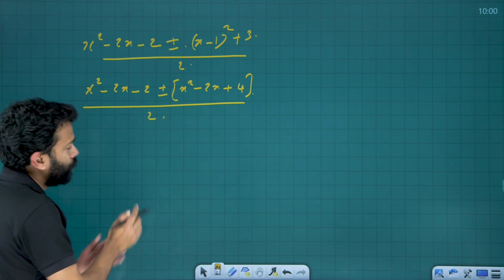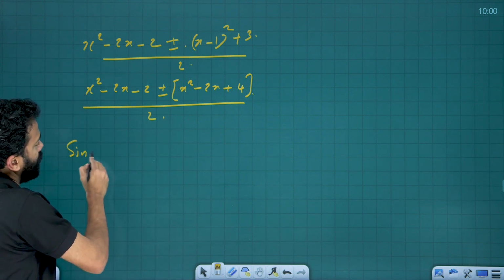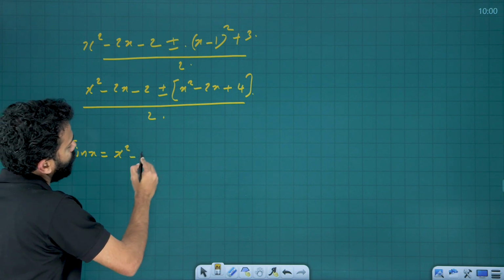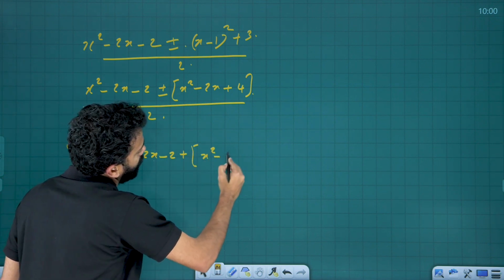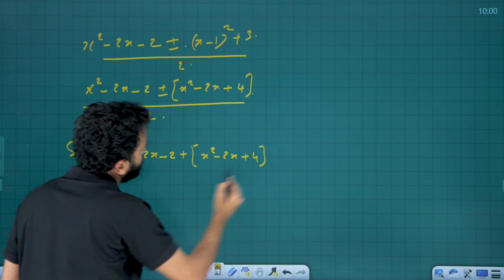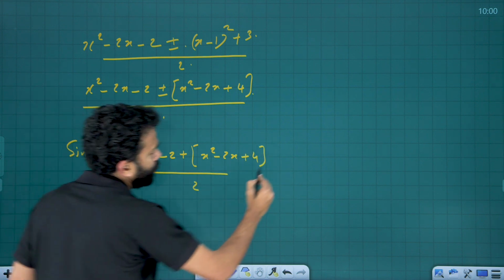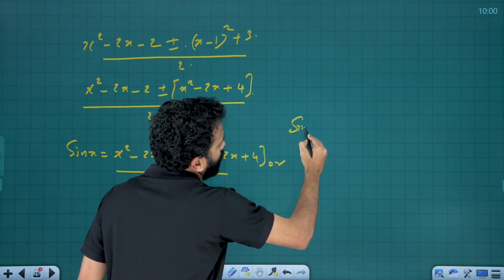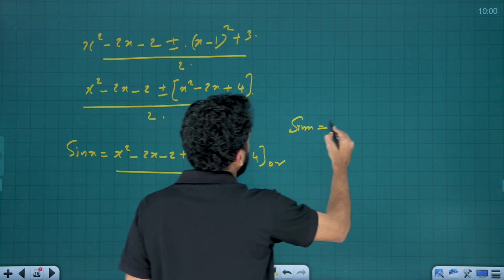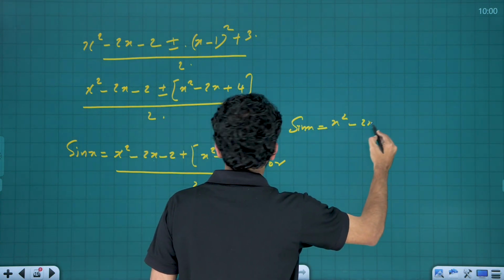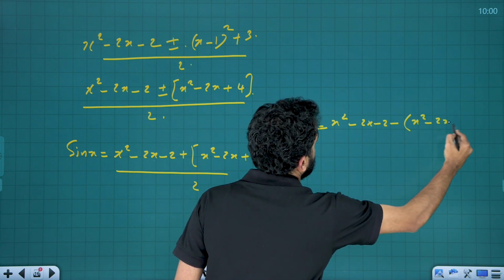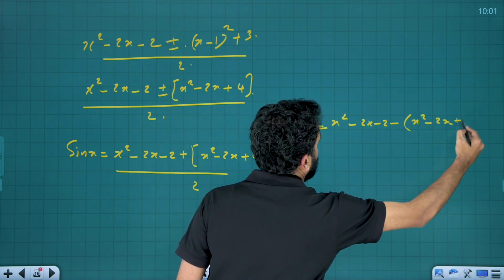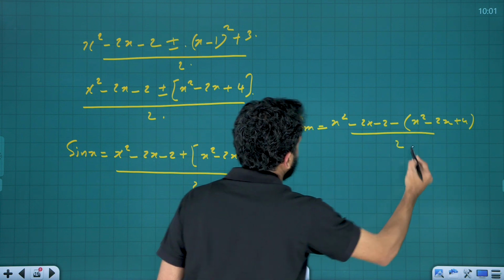So, there will be two values. Therefore, sin x is equal to (x square minus 2x minus 2 plus x square minus 2x plus 4) divided by 2, or sin x is equal to (x square minus 2x minus 2 minus x square minus 2x plus 4) divided by 2.